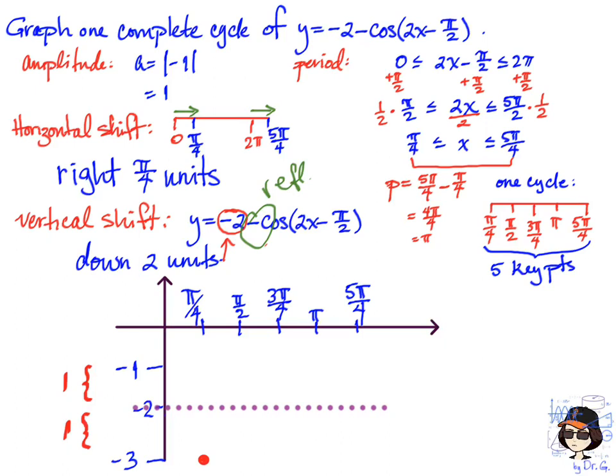So at 5 pi over 4, the y-coordinate is also -3. Then halfway in the middle, it has to go to its highest point. So at 3 pi over 4, the y-coordinate is -1. And then I know the other 2 key points have to lie on the midline. And I can connect the dots. And that's it. That's one cycle of that curve.